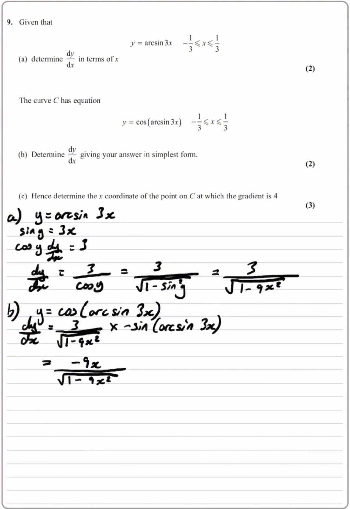Okay. For part C, it wants us to find the x-coordinate when the gradient is 4, so let's substitute dy by dx for 4 and solve the equation. So 4 is equal to minus 9x all over the square root of 1 minus 9x squared.